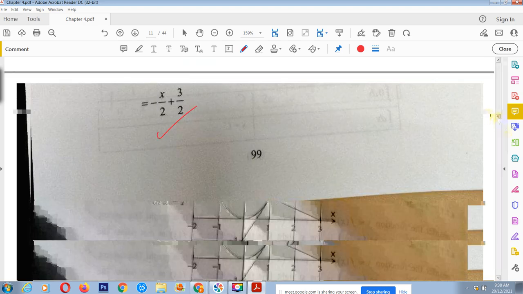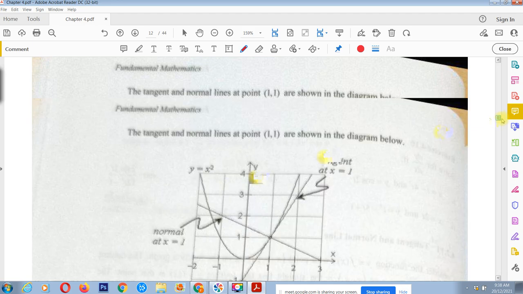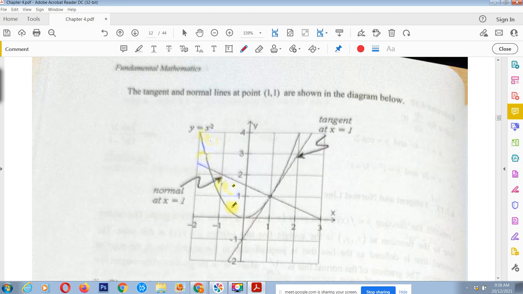If we put it into the diagram, we have it like this. We have the first function, y equals x squared, and if we differentiate, y prime equals 2x. So this is a line.